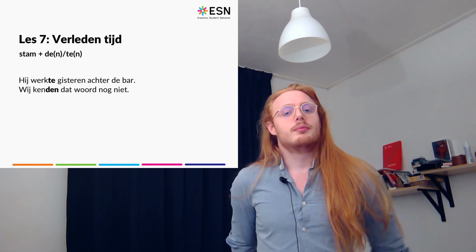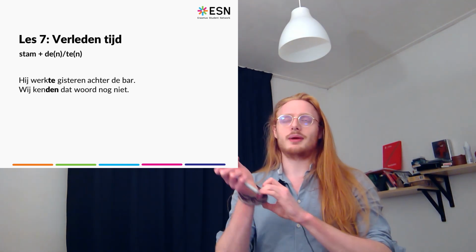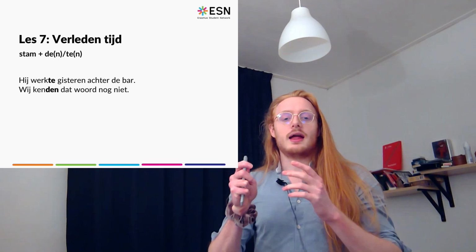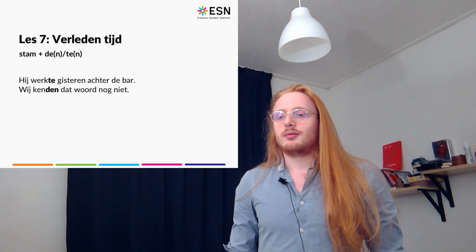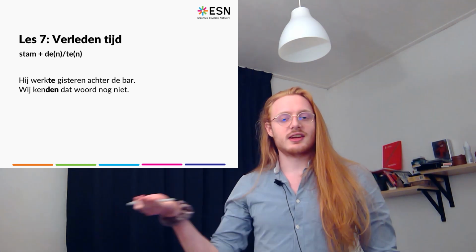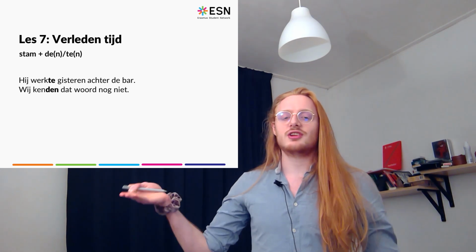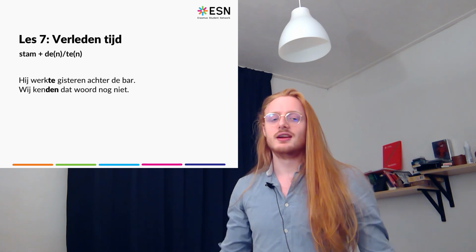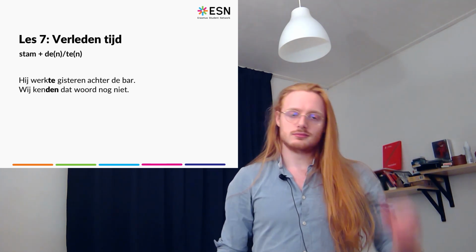So how you construct the past simple is to take the stem. We learned how to make this still. And you add de or te. For example here, hij werkte gisteren achter de bar. Wij kenden dat woord nog niet. He worked yesterday behind the bar, literally. We didn't know that word yet.